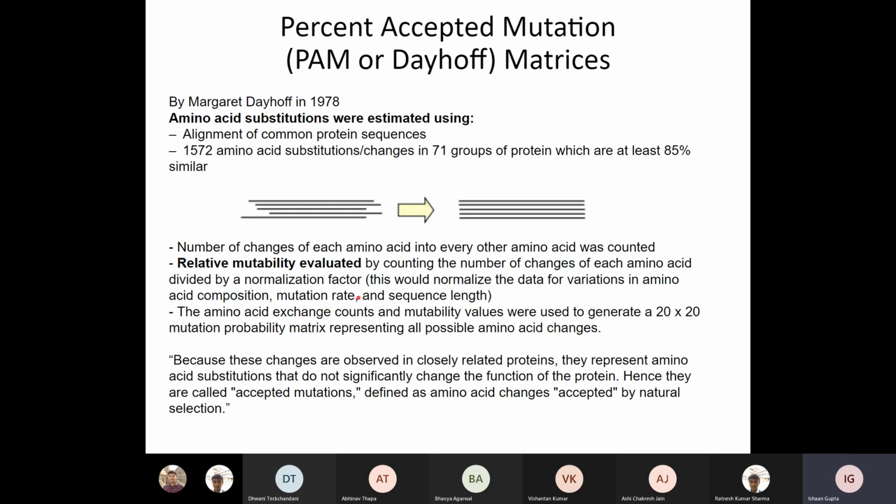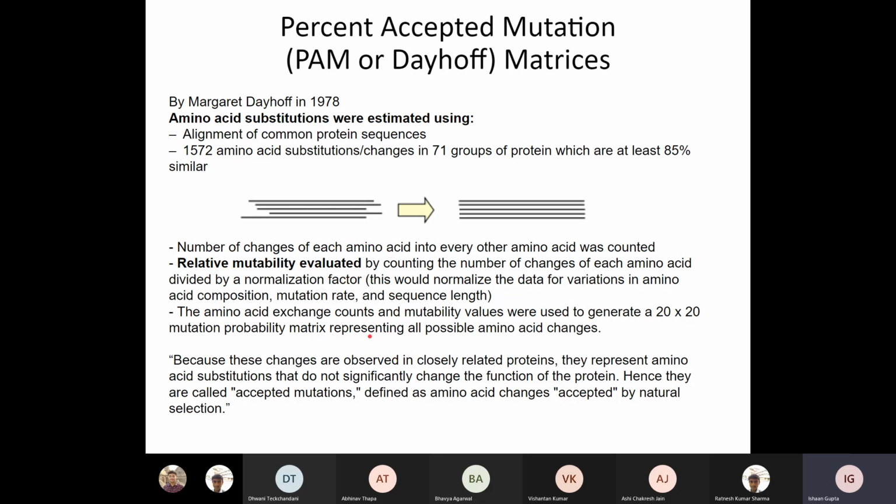Some amino acids are not found very often, and some are found very often in proteins. The amino acid found very often has a higher probability, just by chance, of being seen in such alignments. So you account for that, and you calculate what's called relative mutability values.